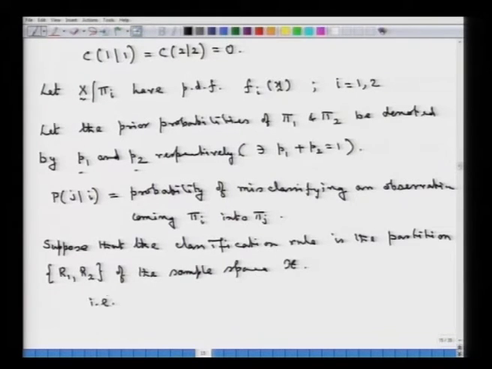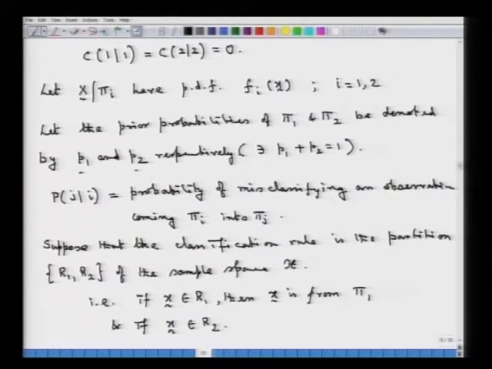That is, when we say that this is the classification rule, which is the partition of the sample space script x, what we try to mean is that if x belongs to R1, then x is classified or supposed to have come from population which is indexed by 1, that is pi 1. So, x is from pi 1, and if x belongs to R2, then x is from pi 2.